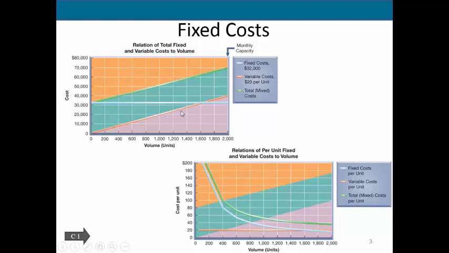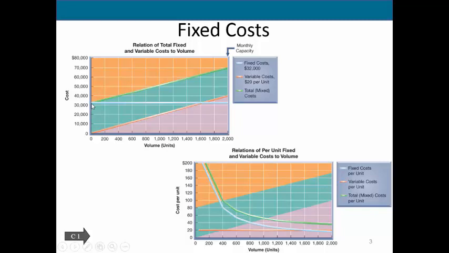But what you can see here is our total cost line, rather than beginning at this origin of 0, will begin sloping upwards from the fixed cost line. Because even if our volume is 0, that means that we have 0 in variable costs. But remember, at a volume of 0, we still had those fixed costs of 32,000.